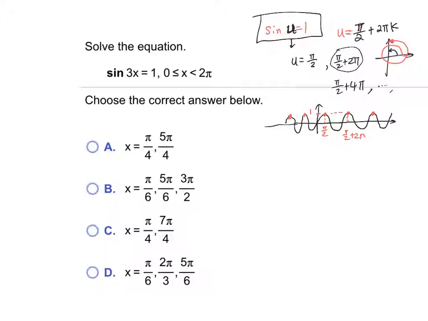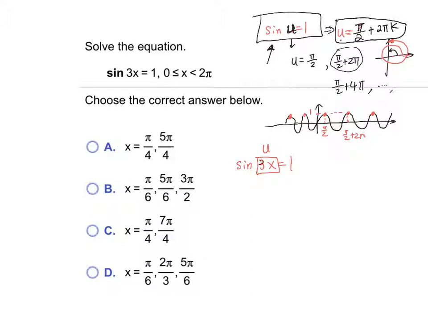Now, time to look at the original question. We do know that sine 3x equals 1. And think of this as your u, is that right? Think of this as u. And then we already solved that particular equation in the previous problem.